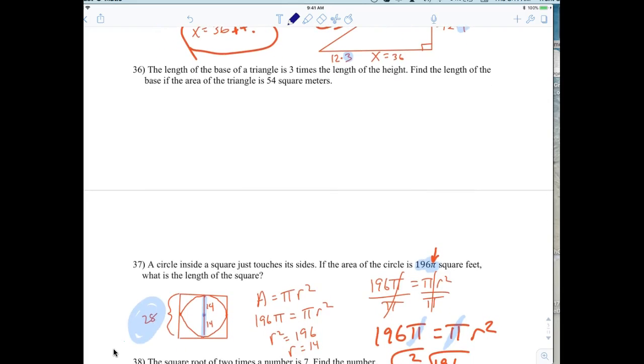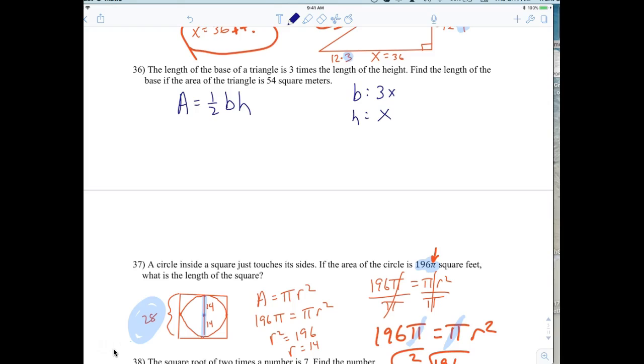36. The length of the base of a triangle is 3 times the length of the height. Find the length of the base if the area is 54. So area of a triangle is equal to 1/2 base times height. And it says that the base is 3 times the height. If the height is x, the base is 3x.